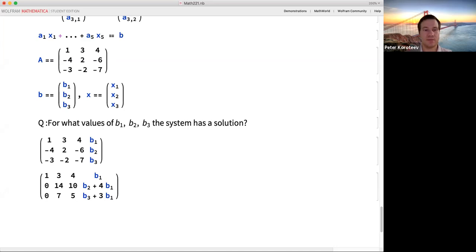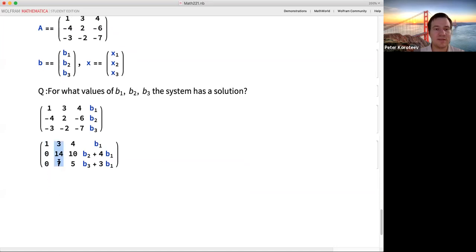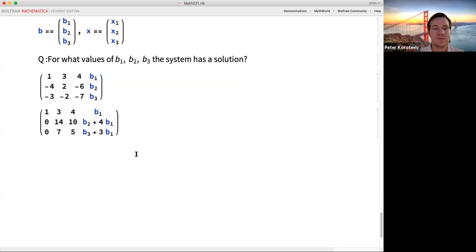Now let's make it the reduced echelon form. It's still not the full one. So you did the first pivot column, right? But we can still do something. There's a next pivot here, right? We can do something about the two rows on the bottom, row 2 and row 3.